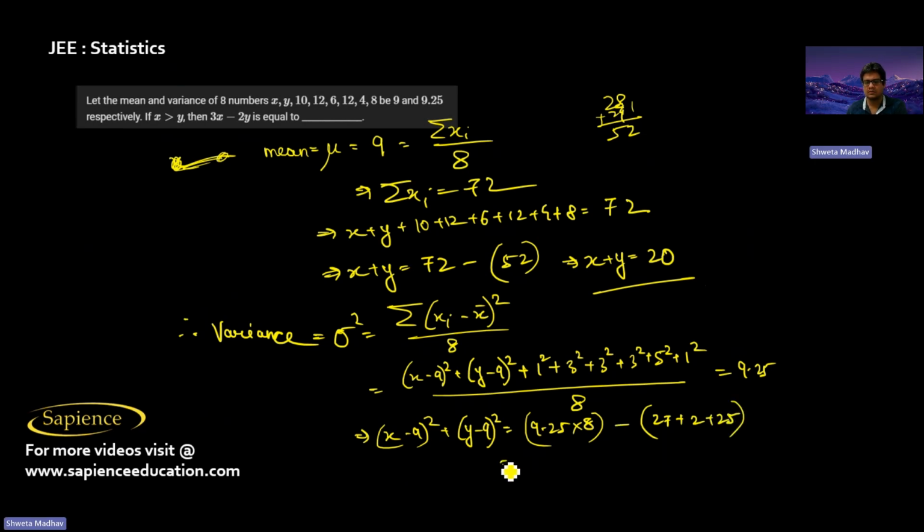So this is 37 by 4 into 8 minus 54. So this will be 74 minus 54, that is equal to 20.